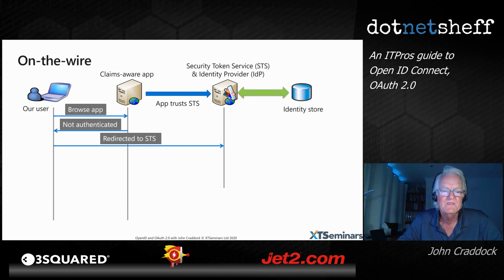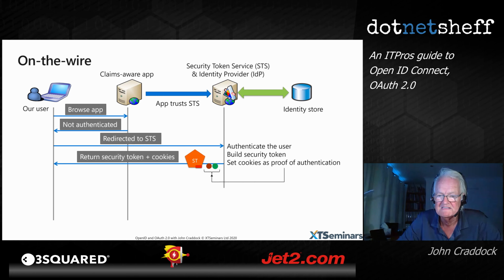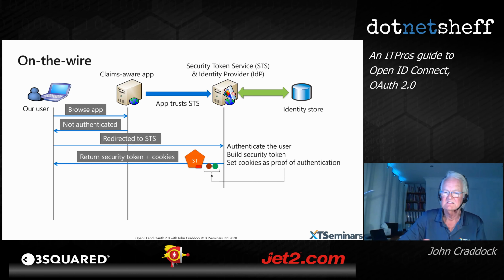And what will happen next is we will get authenticated, and after we're authenticated, it's going to build a security token for the application, because in the redirect to the STS, we're saying, please authenticate this user for this application. So it knows the application, it can produce the security token that's appropriate for the app, but very importantly, it also returns cookies that prove the user is authenticated to the STS.